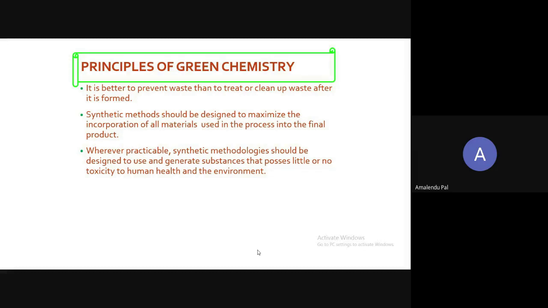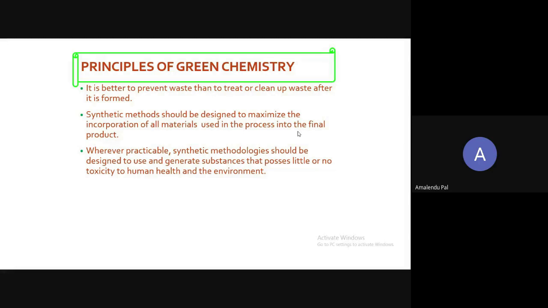Then another thing is that synthetic methods should be designed to maximize the incorporation of all materials used in the process into the final product. So we have to use minimum materials to get the final product.